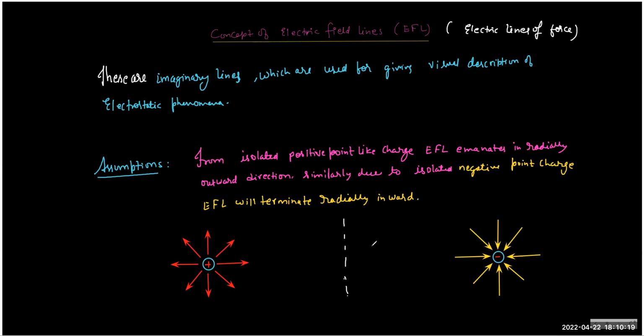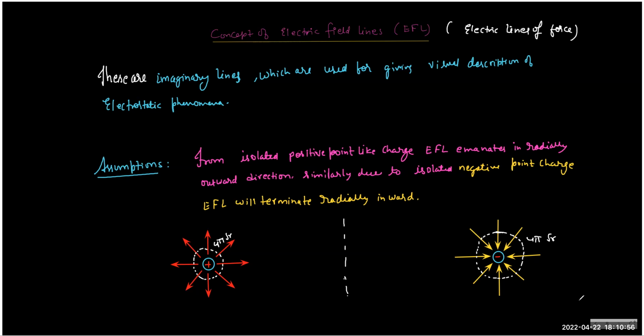The lines of force leave the point charge at an angle of 4 pi steradian, in all directions. That's a spherical direction, so it's a three-dimensional pattern, not two-dimensional. Similarly, it will terminate with this steradian angle.